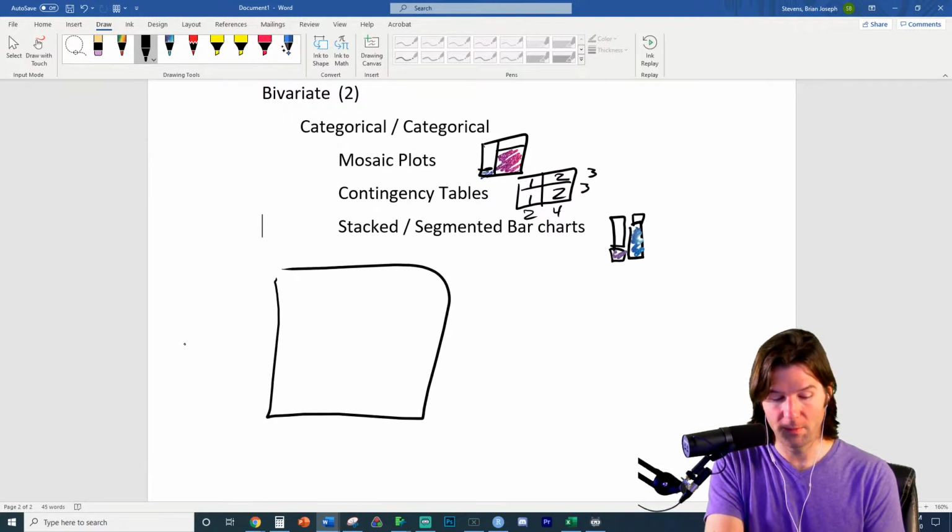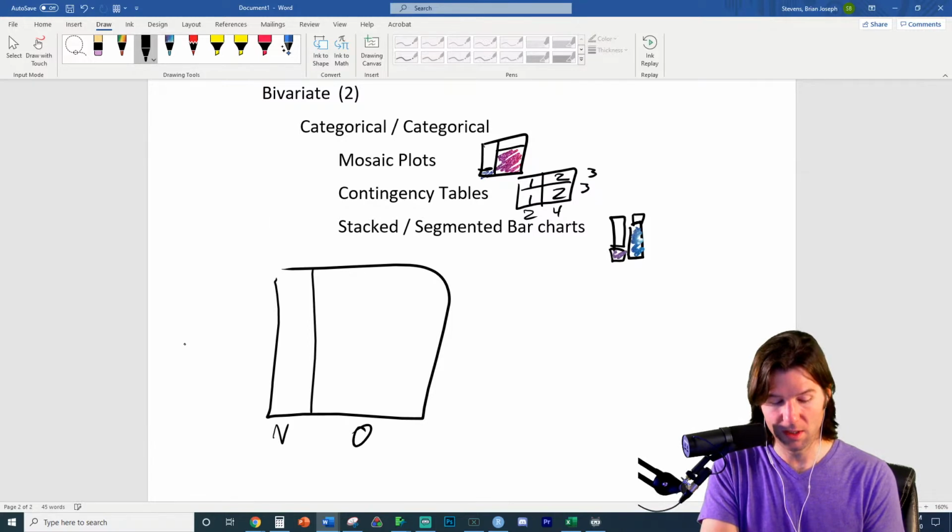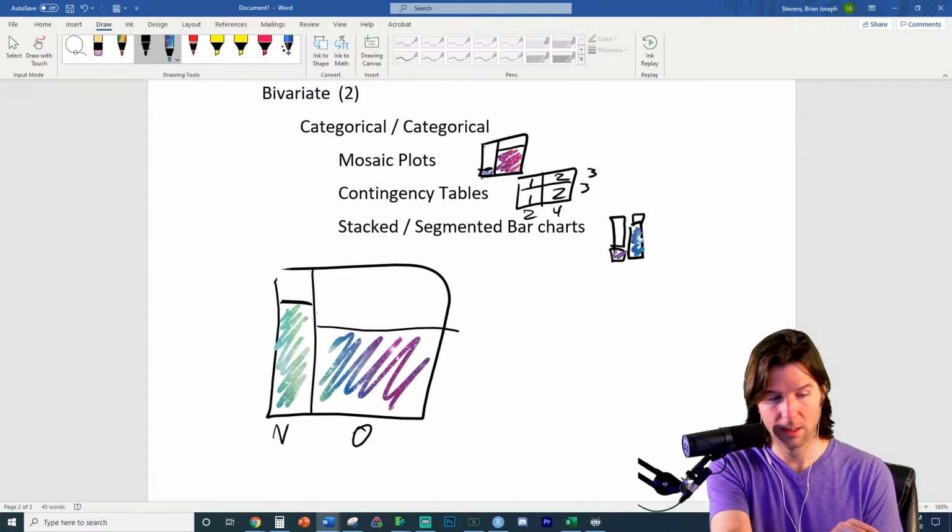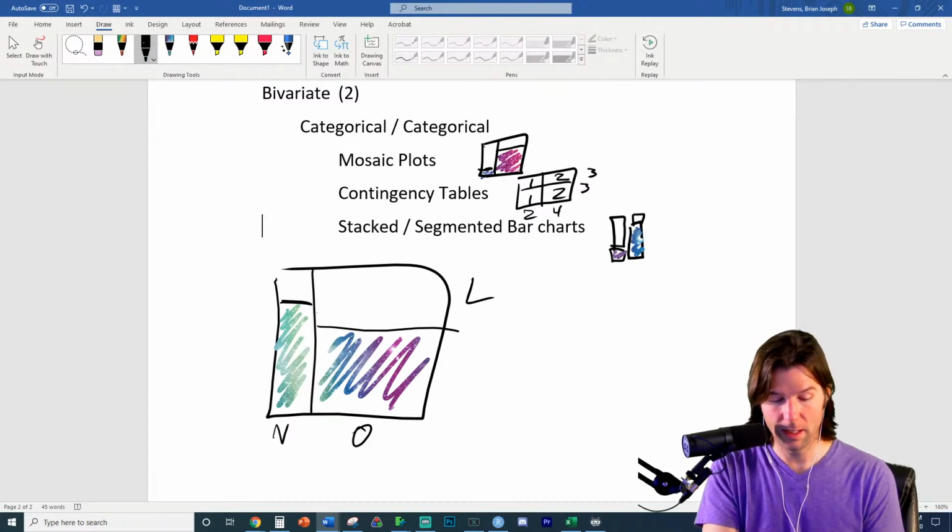In a mosaic plot, say we have a new product and an old product, and we're seeing if people like it. We do a test market, and we get a distribution like this. We could see slightly more people like the new product. Here we have like and dislike.